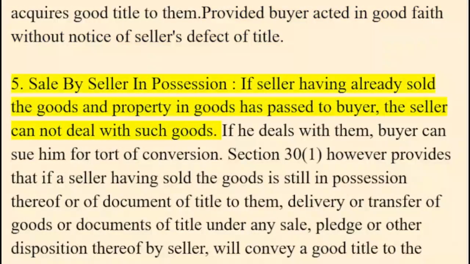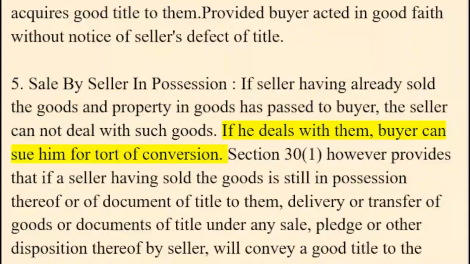Sale by seller in possession. If the seller, having already sold the goods and the property in goods having passed to the buyer, cannot deal with such goods. If he deals with them, the buyer can sue him for the tort of conversion.